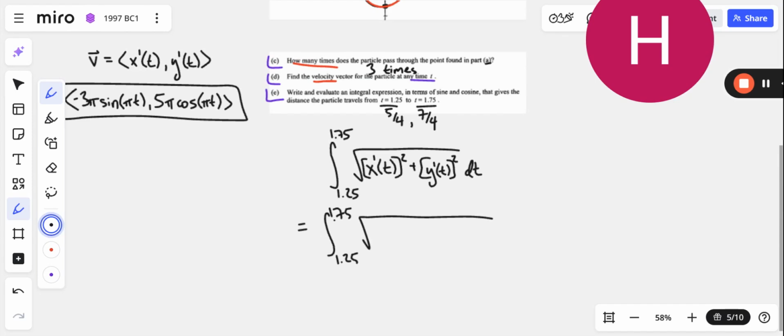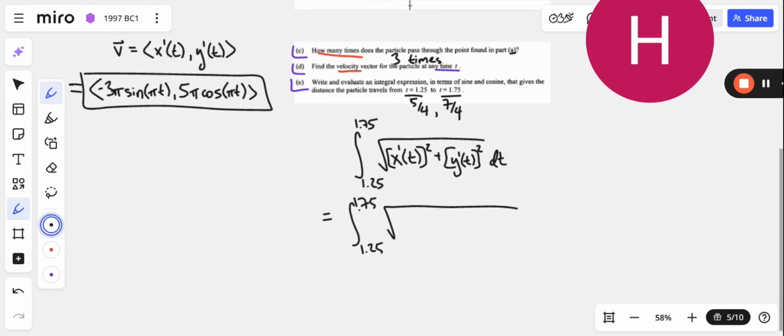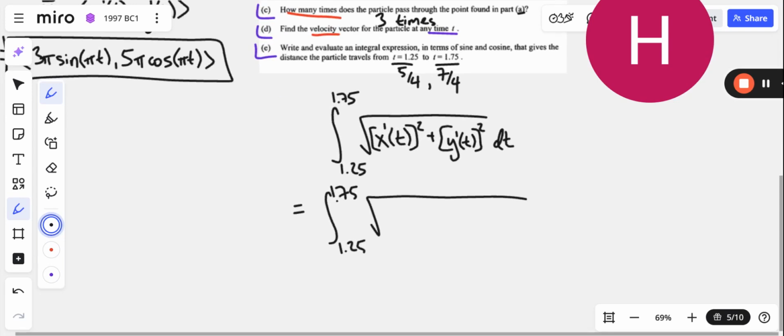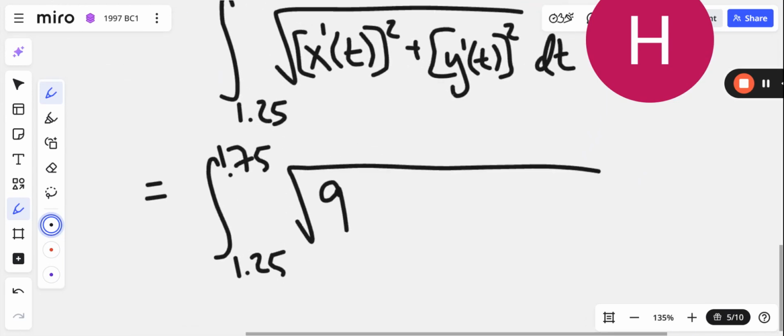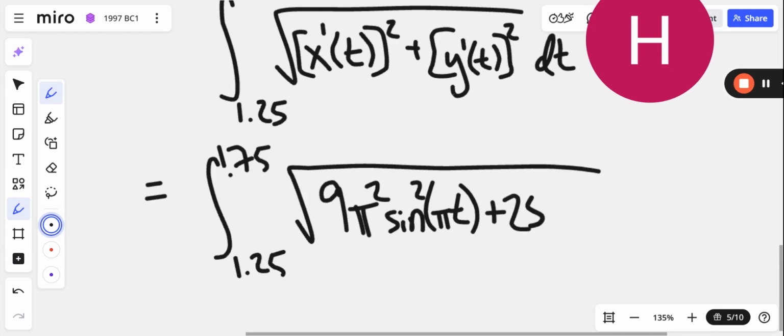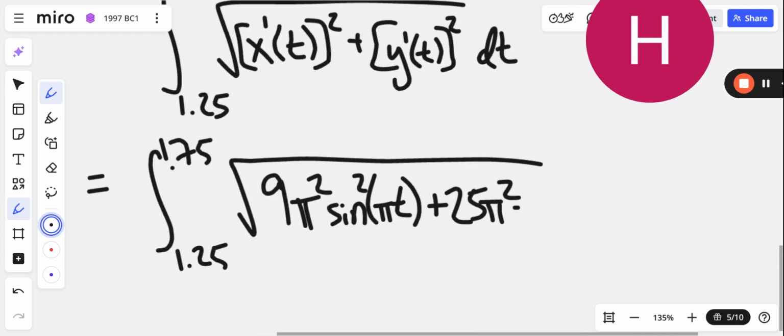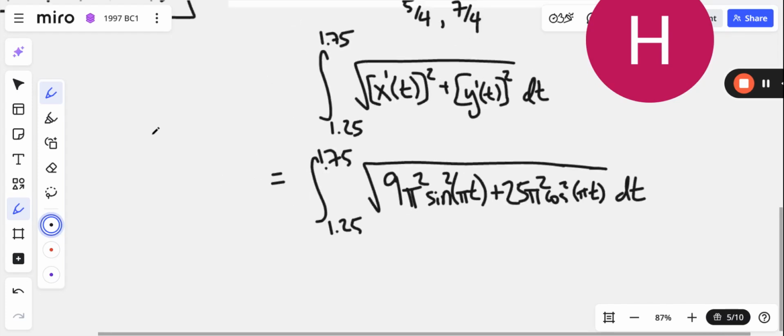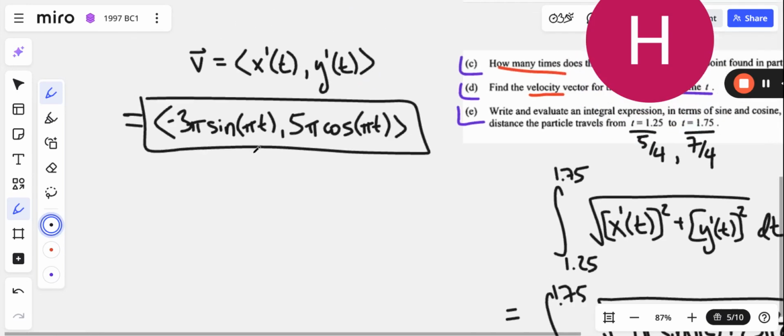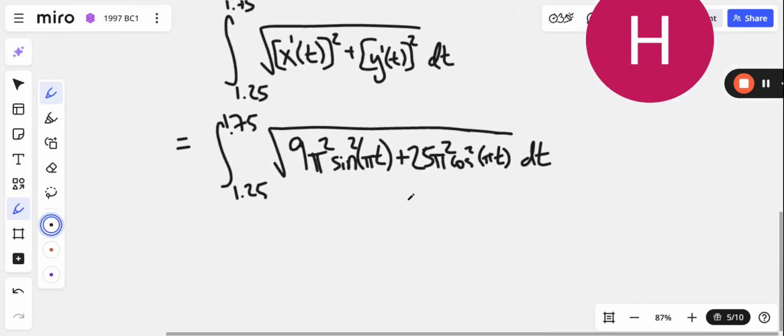I guess it's like 9 pi squared sine squared pi t plus 25 pi squared cosine squared pi t. Whoops. And I guess, does that mean that I can't quite get a sine squared plus cosine squared equals 1 sort of thing going on here?